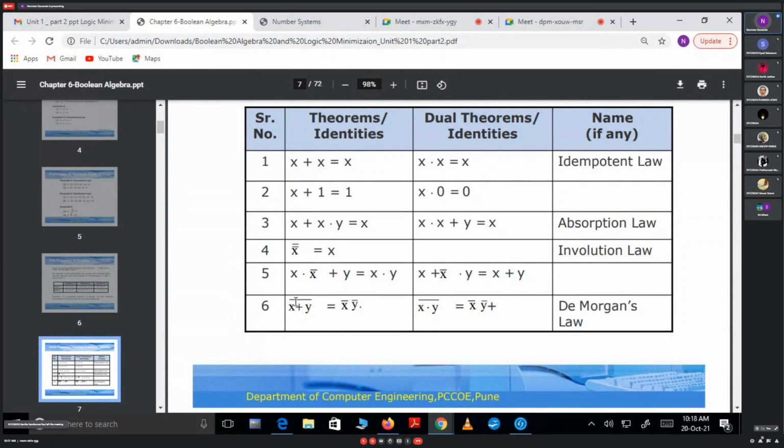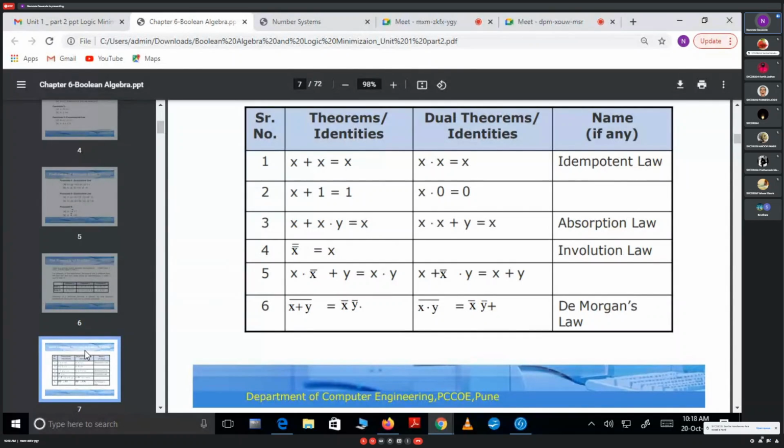The complement of the sum is always equal to the product of the complements. The complement of the product is nothing but the sum of the complements. Here it is wrong. It should be x bar plus y bar.